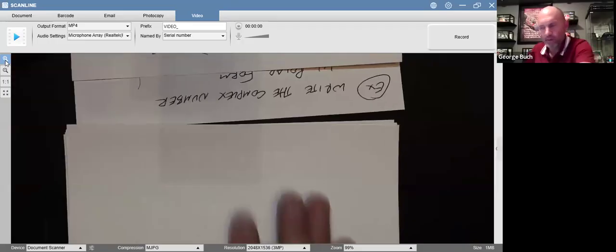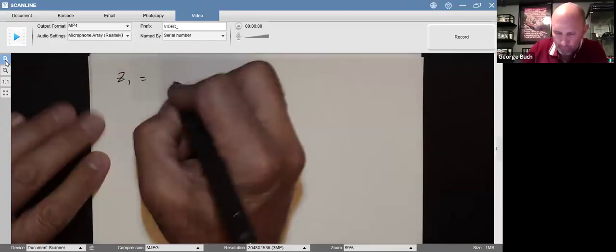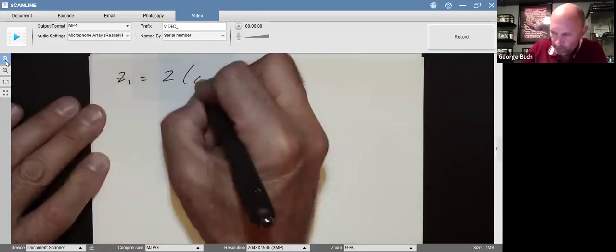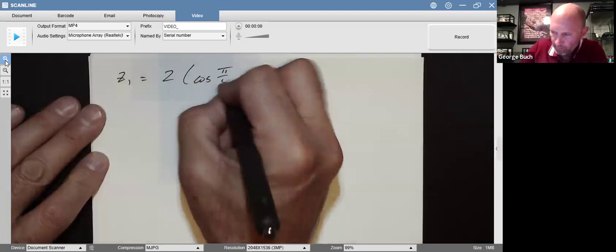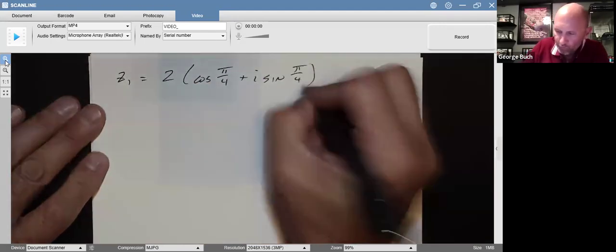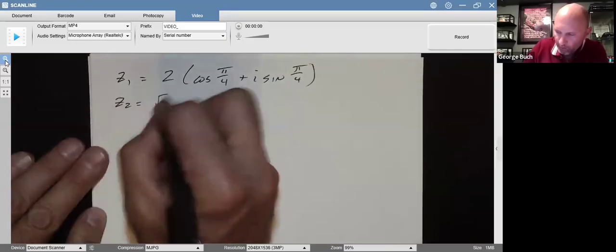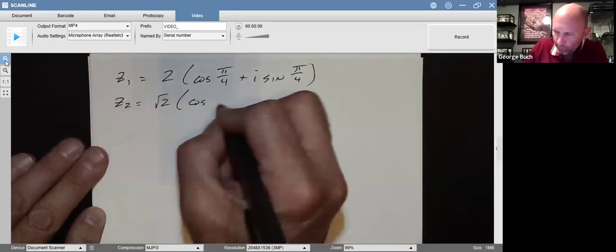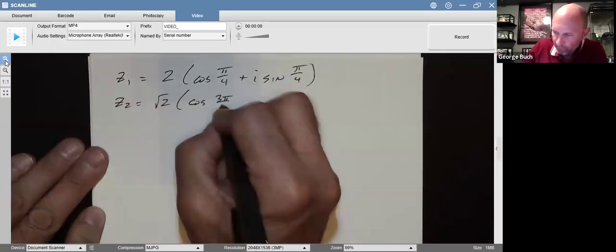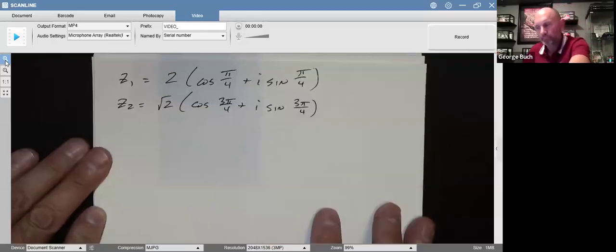All right, so we have Z1 is 2 cosine pi over 4 plus I sine pi over 4. And Z2 is square root of 2 cosine of 3 pi over 4 plus I sine 3 pi over 4.